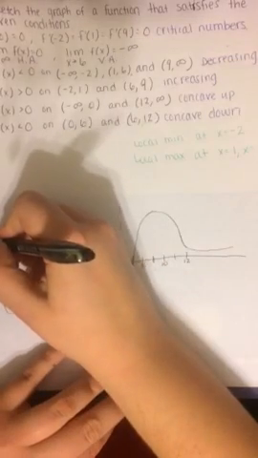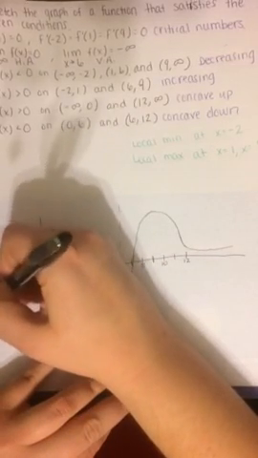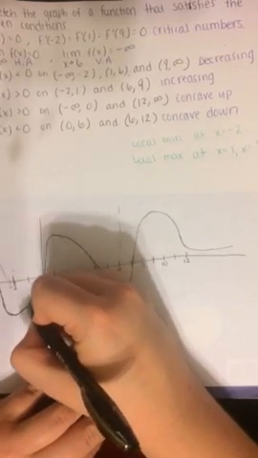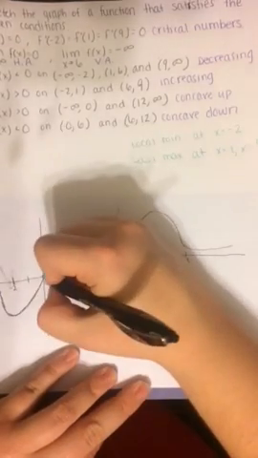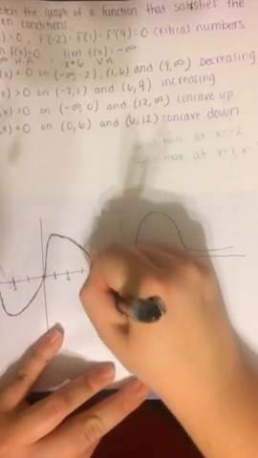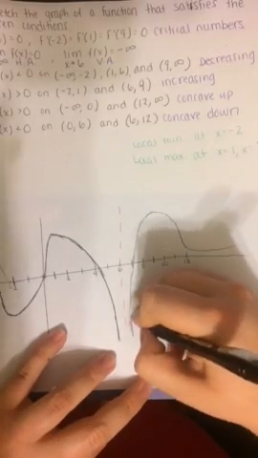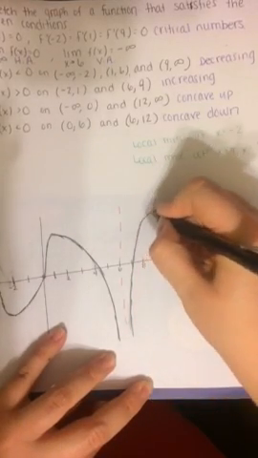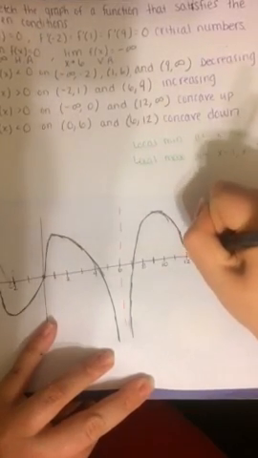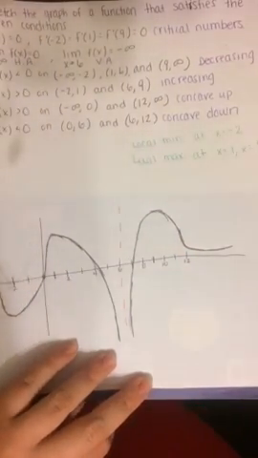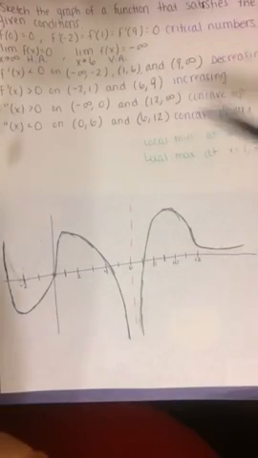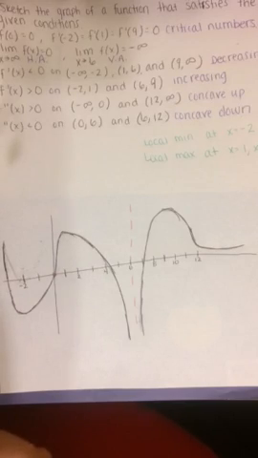I'll make it a little bit darker. That's a rough sketch of what the graph would look like given all those conditions.